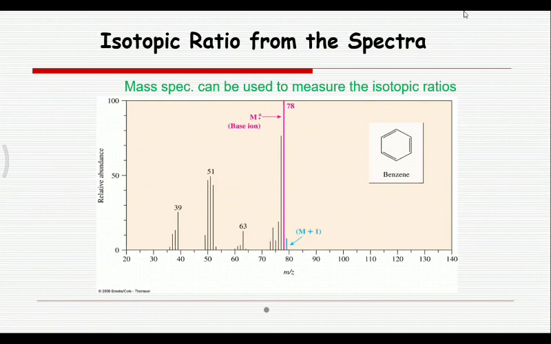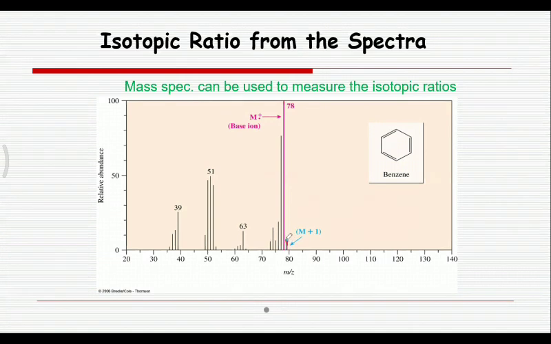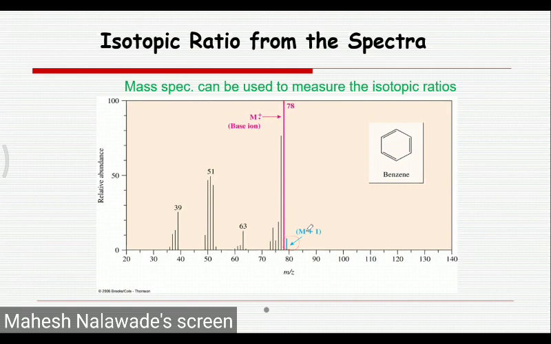But in this spectrum, we can see a small peak at the m+1 value, a small peak at 79, which is 78 plus 1. That is because of the isotopes of carbon and hydrogen. The intensity is very less. You can see the height of this peak is very small compared to the height of the peak at 78, so the relative abundance is also very less, as we have studied in the case of carbon.